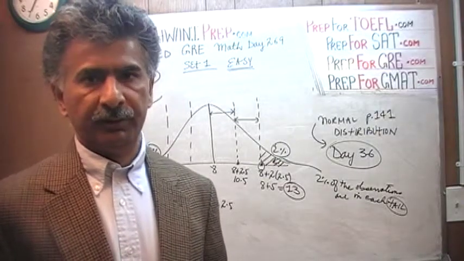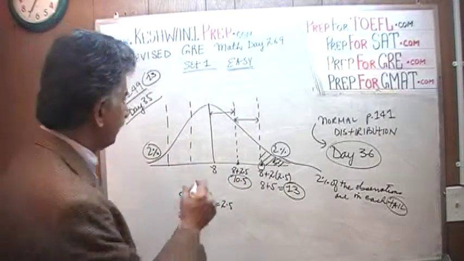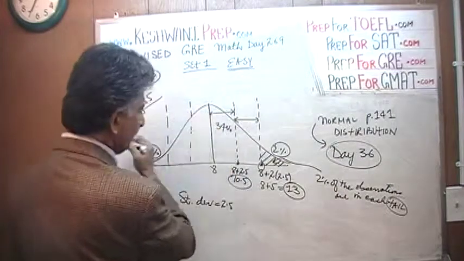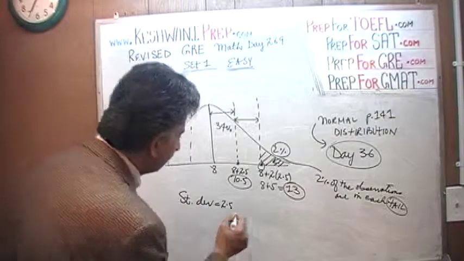Only 2%. On the other hand, if you had a score of 10.5, that only takes you up to 34%. This is 50% on the left hand side of the mean, and this is 34.